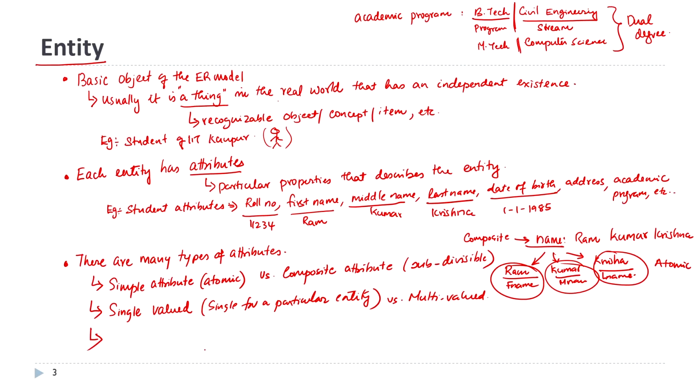Then comes the third one, which is called stored versus derived. The simple example of it is somebody's date of birth. Let us say the date of birth is 1/1/1980. This is a stored attribute.